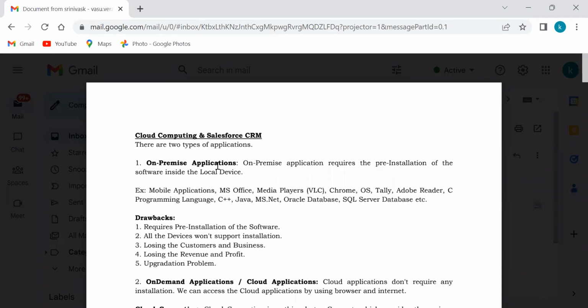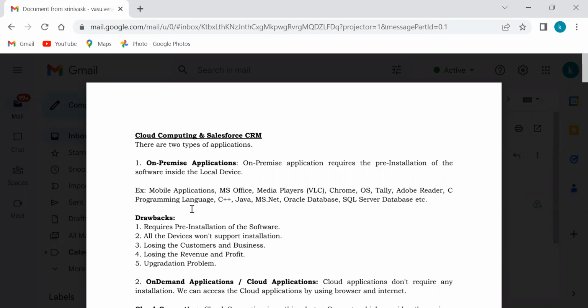If I want to store data in a database like Oracle or SQL Server, these must first be installed in your local system. Without installing them, you cannot use these applications. Such applications are called on-premise applications.